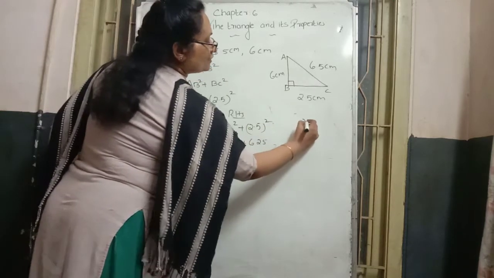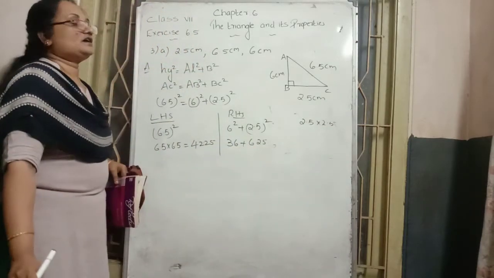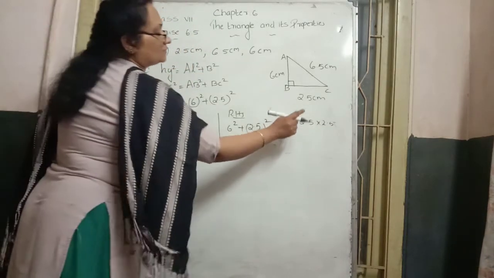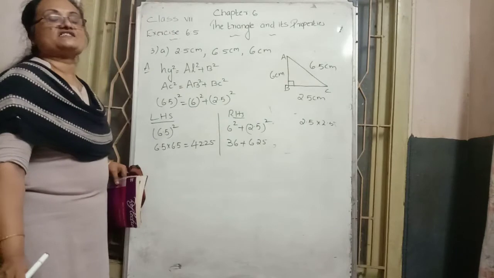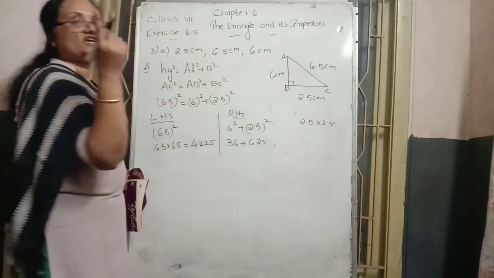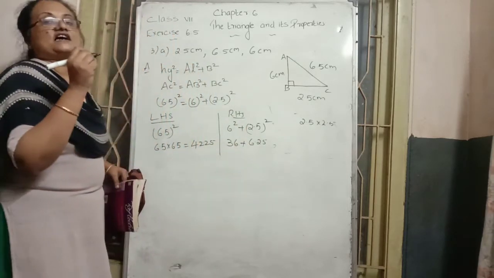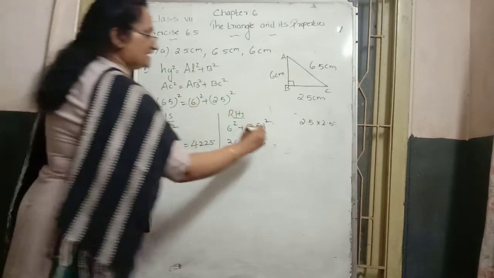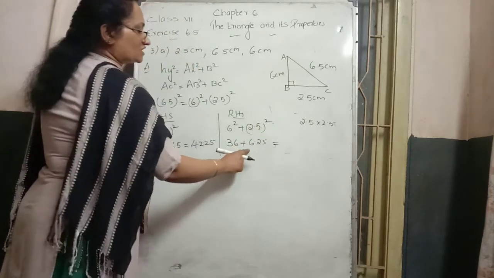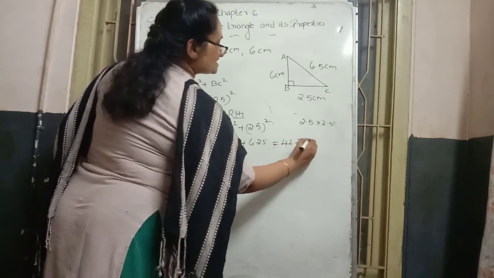But in 2.5 into 2.5, after the decimal point, how many digits are there in the multiplicand and multiplier? Here 1, here 1, total 2 digits. So from right to left count 2 places and put the decimal point. Then adding, how much will it come to? 36 plus 6.25 comes to 42.25.